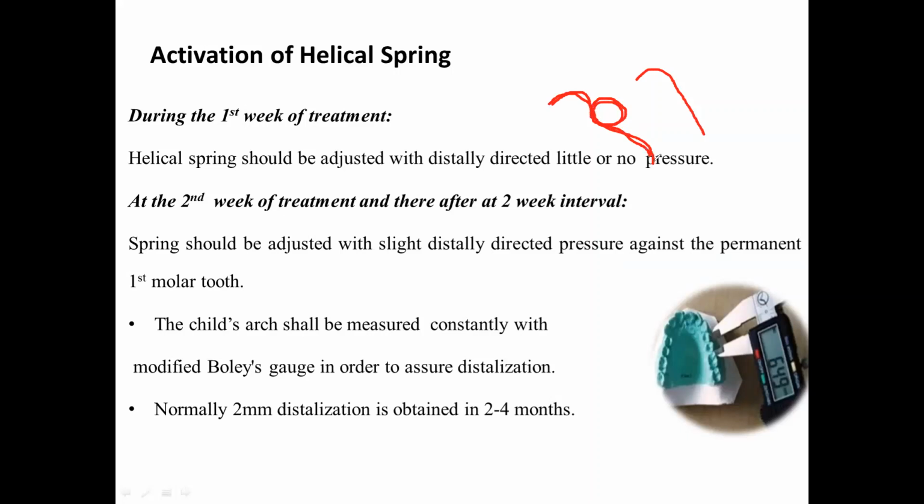You see here, this much of the wire. With the helix, the additional wire is bent, and I have an additional piece of wire. So I can do adjustment without any pressure. I can open or close this helix by means of a particular instrument. Usually we use a 3-prong plier.